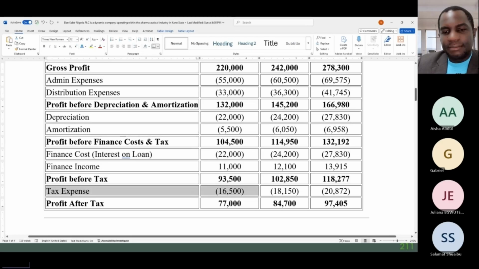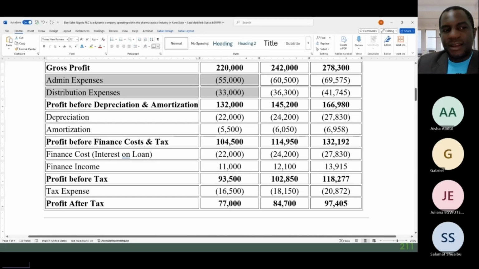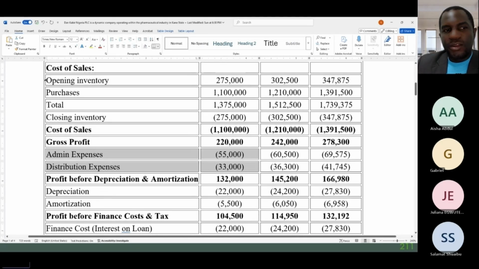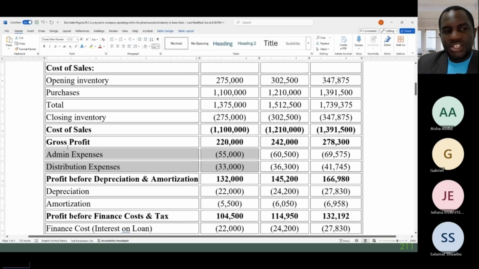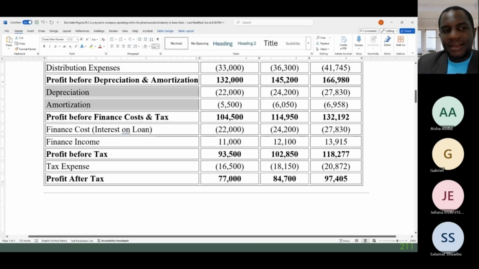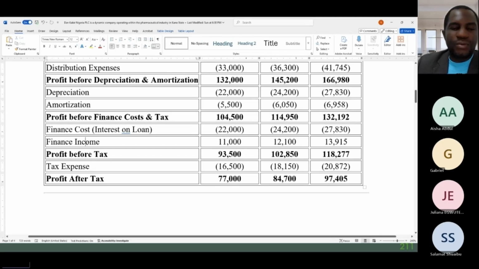Tax is money to the government, you must pay. But you see, these ones can be influenced. Admin and distribution, your cost of sales can also be influenced by your decisions. So your decision cannot influence depreciation, finance cost, finance income. That one, you borrowed money, you got a return from somebody owing you.